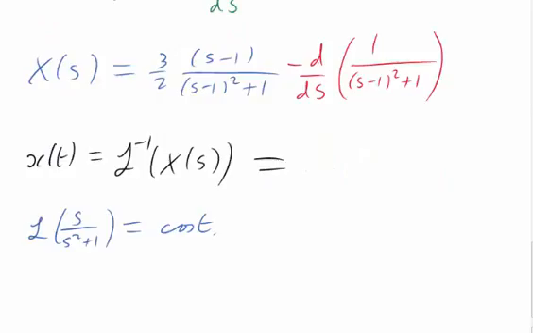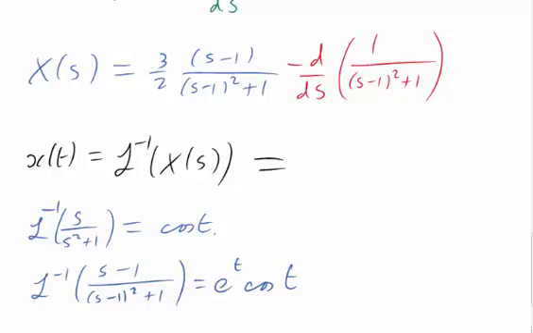Well, that one's easy. It's just cos t. But now, the effect of having s minus 1 instead of s is simply to take the cos t and multiply by e to the t. That means that we can now fill in the first step of our little x of t. It's 3/2 e to the t cos t.